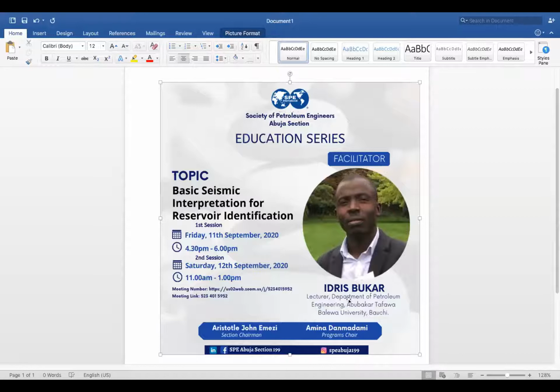For those of you who were not here yesterday, he's a lecturer in the Department of Petroleum Engineering at the Abubakar Tafawa Balewa University, Bauchi. He also is a petroleum engineer with a master's degree in petroleum geosciences. He's taking us through basic seismic interpretation for reservoir identification.